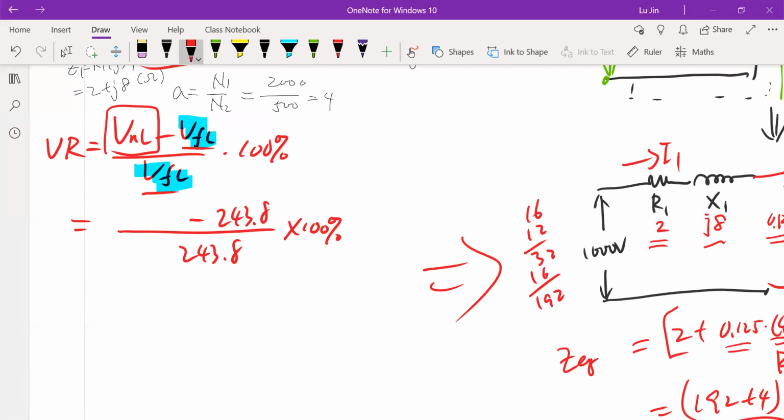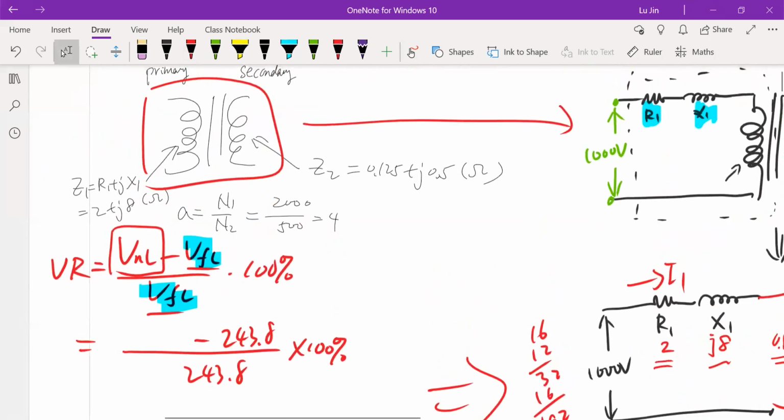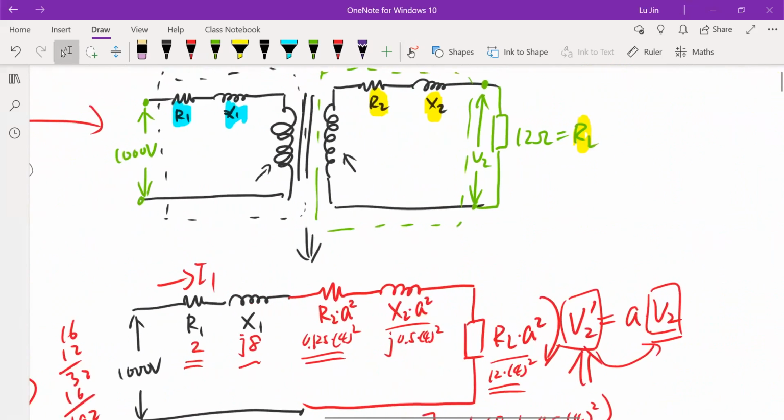No load voltage means no load is connected to the circuit. But in this question, we are facing a transformer circuit. If you want to calculate the no load voltage for this transformer implementation, we need to remove the load from the circuit and keep the terminals open. Under this situation, what is voltage V2? That will be the no load voltage.